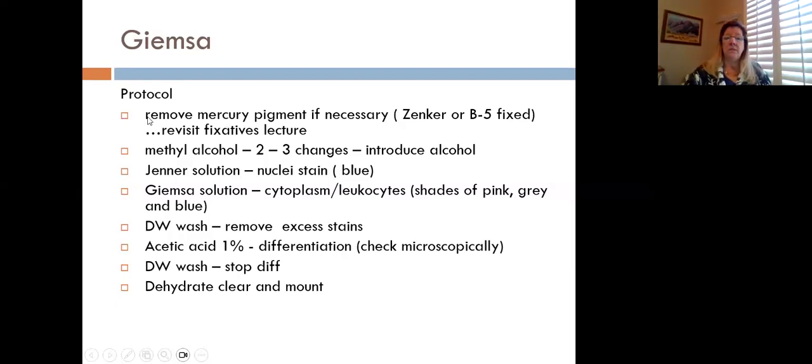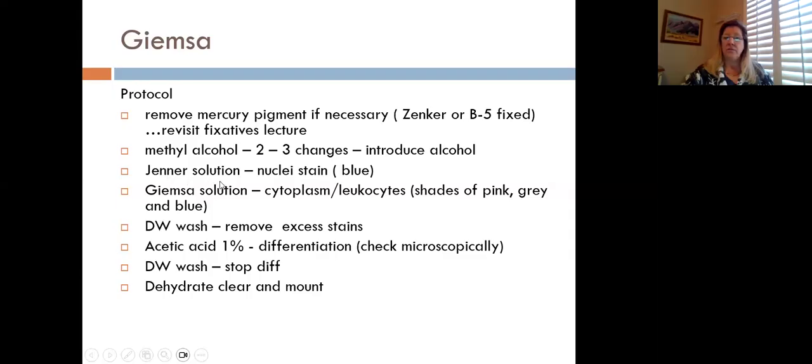If you have used Zenker's or B5, we know that there's a mercury component to that, and you have to remove that mercury pigment. Then we're going to go into methyl alcohol, 2 to 3 changes, and that's just introducing that alcoholic environment.